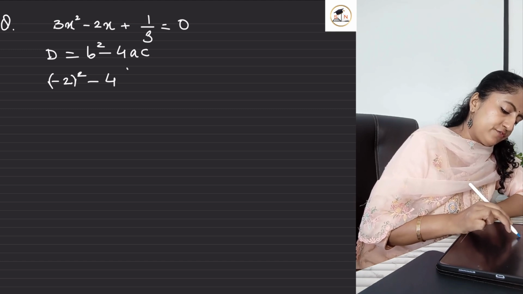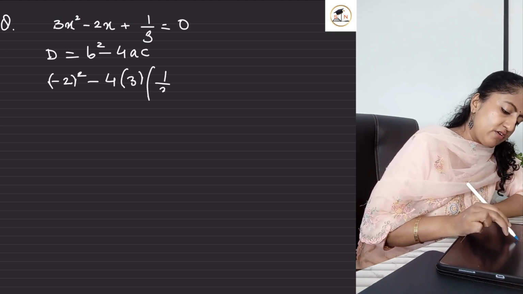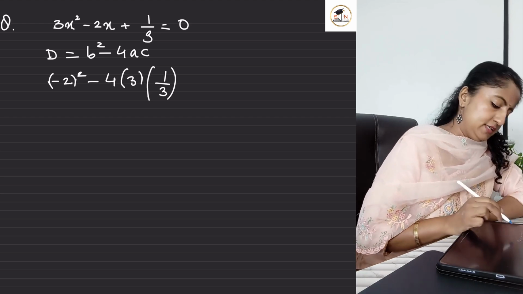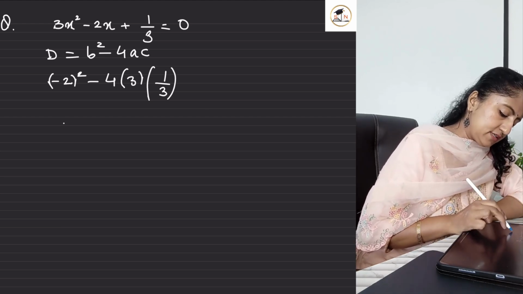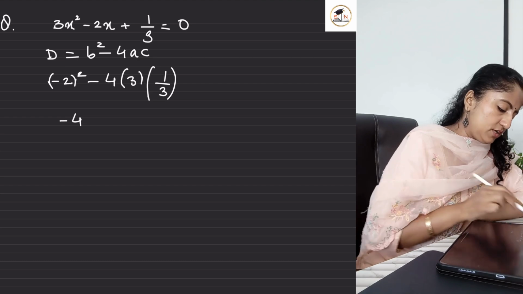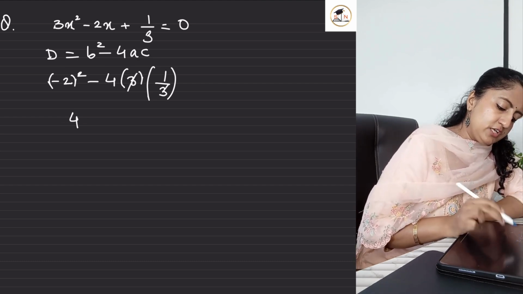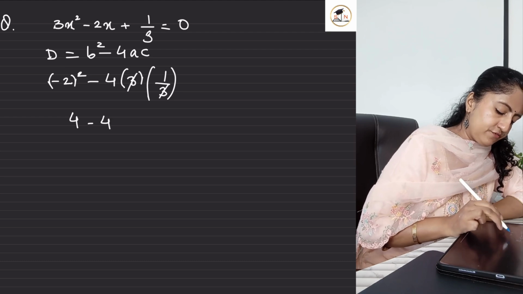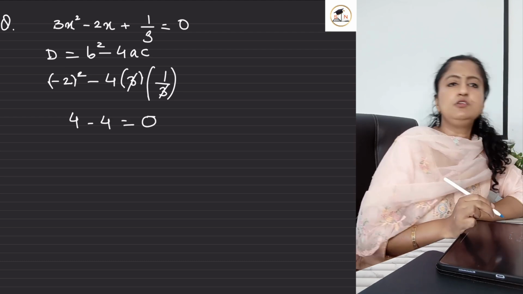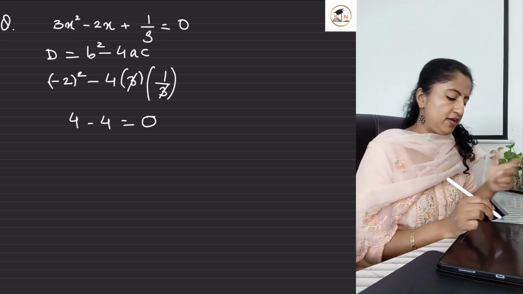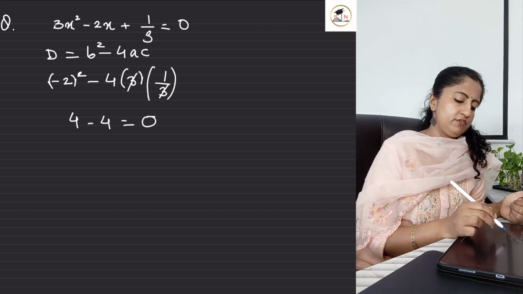Then minus 4 times a is 3 and c is 1 by 3. Solving it, what does it give us? It gives us positive 4, and then these threes got cancelled. 4 minus 4, which is 0. So now we have found the value of d, which is 0.